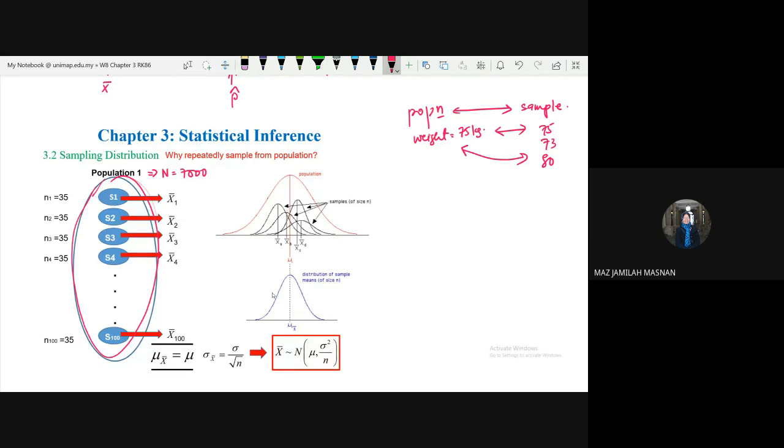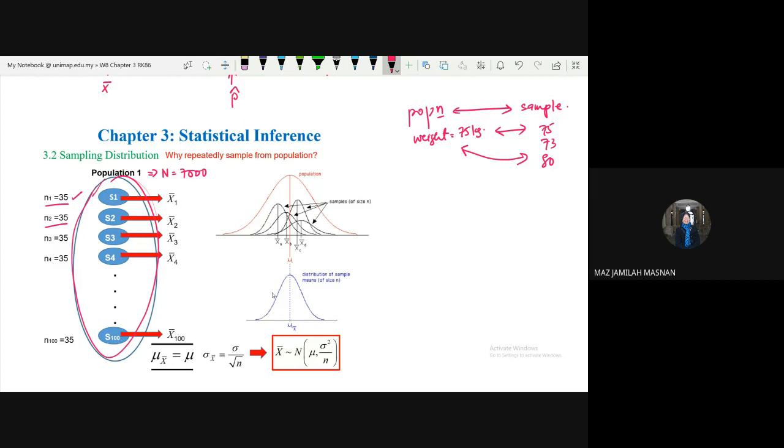From our 7,000 population, I sample out the first sample where the sample size is 35. Then I sample out a second sample, the same sample size, 35, and get my mean CGPA for the second sample, and for the first sample.